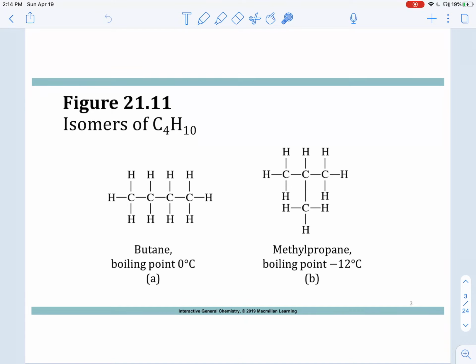Besides just their physical shape, notice that the boiling points are different. It's about 0 degrees Celsius for butane, and methylpropane is even less. So this is more volatile than this one over here, just because of that branched nature of this versus the straight chain. So that's our first example of an isomer. And these are structural isomers, and we're going to see that in the next slide here.